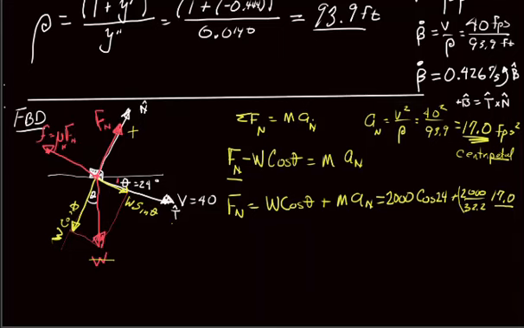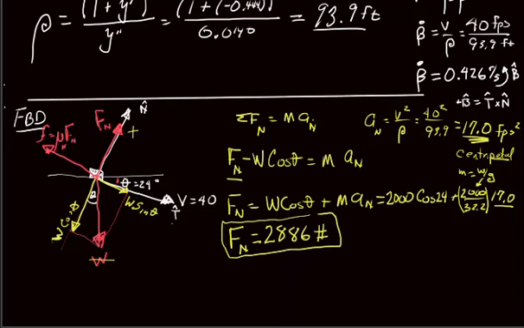Here this denotes the mass as weight divided by gravity. So solving, we get a normal force of 2886 pounds, which is just slightly larger than what the weight of the wagon is directly.